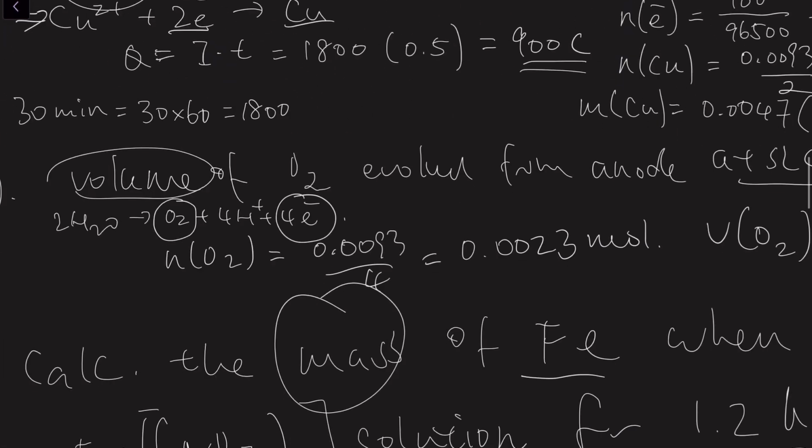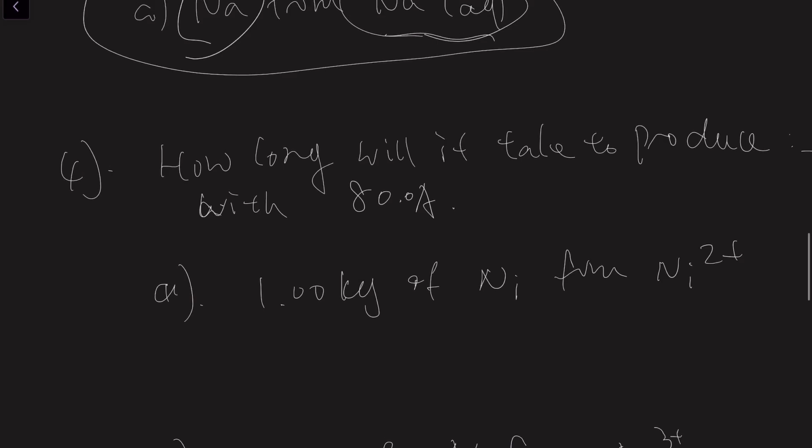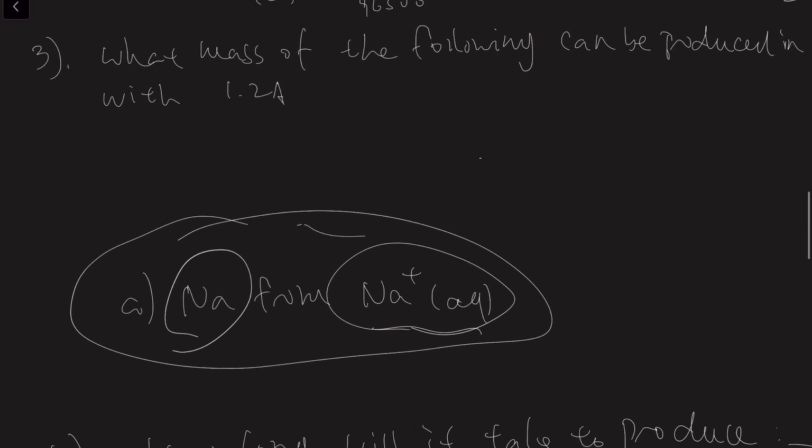So whenever you have aqueous solution present in your system, you should never be able to produce any sodium metal. So you don't actually need to do any calculation with this question.